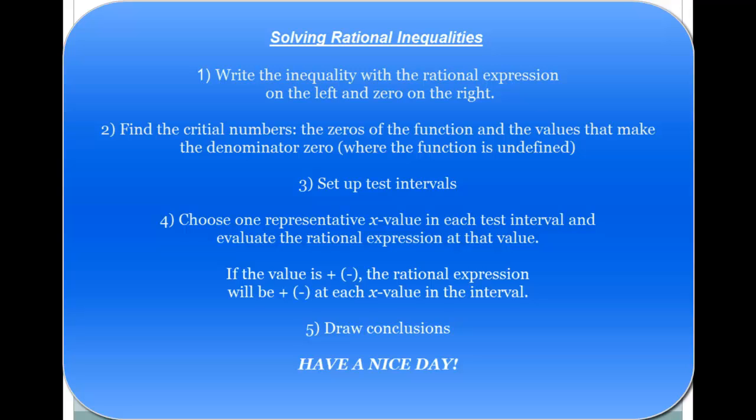Again, for rational functions, we wanted to find out where the numerator was equal to 0 and where the denominator was equal to 0, and where the function was undefined. From there, we were able to set up our test intervals, and just like we did with polynomial inequalities, we would test values in each interval to determine where the inequality was true and where it was false. Okay. Practice this stuff, fellas.